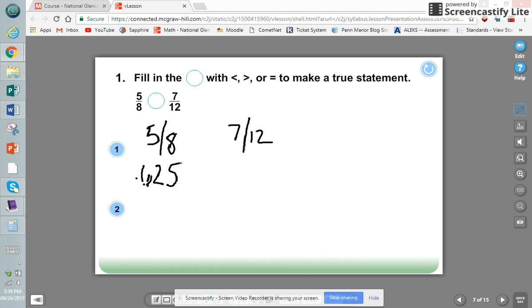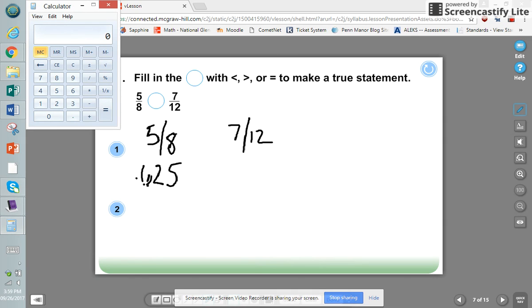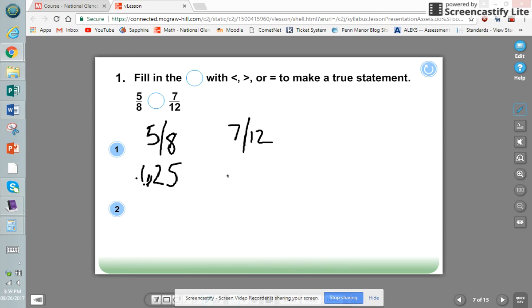And now we got 7 divided by 12, which equals, oh, that's a lot of 3s. Let's just round it to 583. I'm going to put a bar notation over the 3 saying that it's going to go on for some very long time.